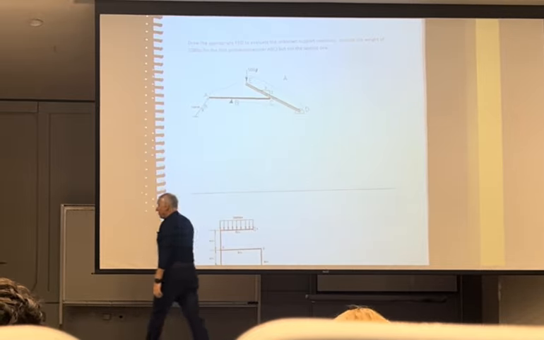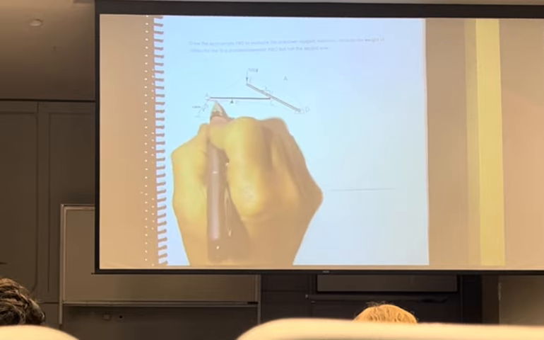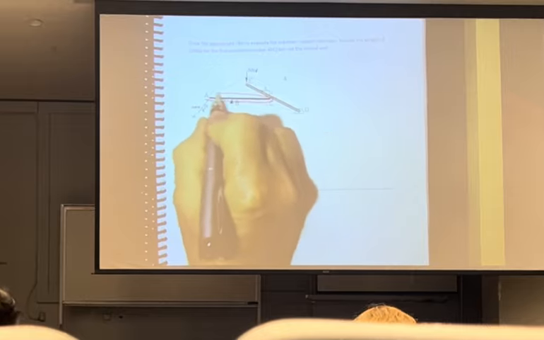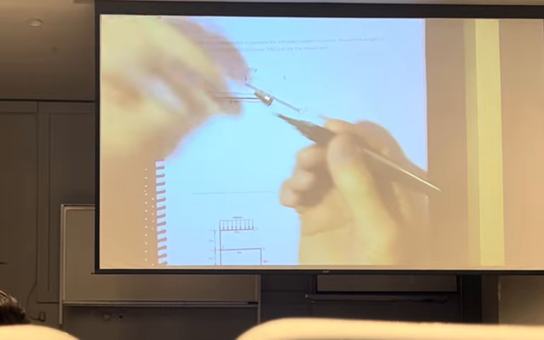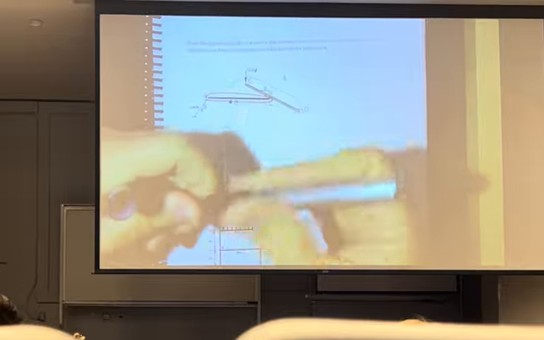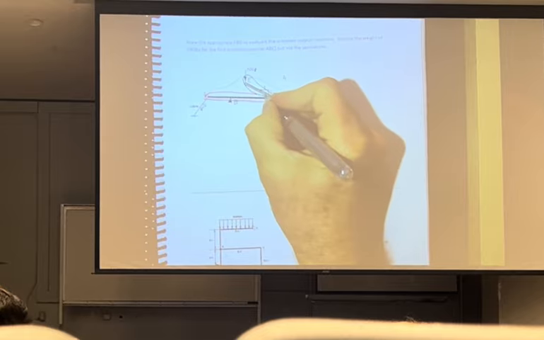So the best thing to do would be to create 2 free body diagrams. One that cuts through here, comes around and back. The other that cuts through here and back.